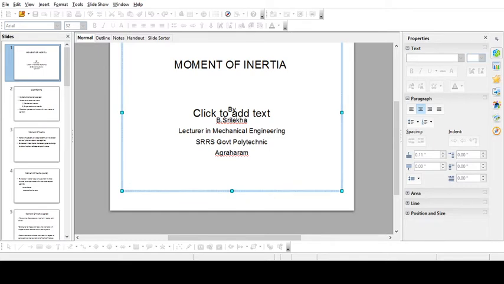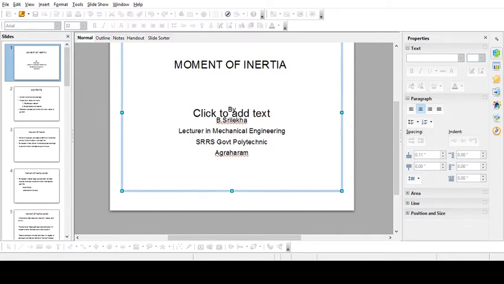Simply put, it states that the moment of inertia of a plane area about any axis is equal to the sum of the moment of inertia about that particular centroidal axis plus the product of area and the square of the distance between the centroidal axis and the given axis.